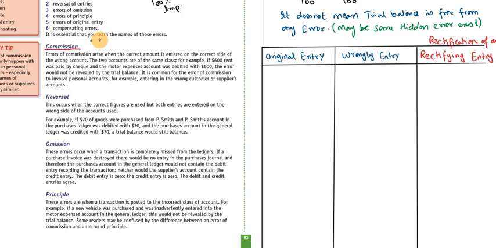Correct amount. The amount is correct, but the wrong account is selected.